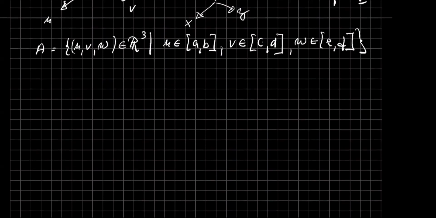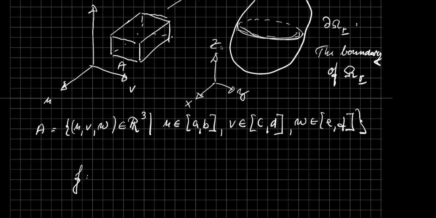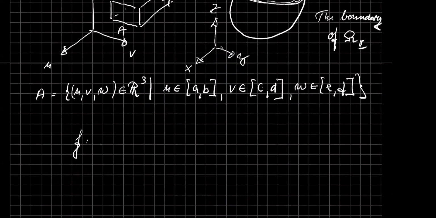Okay. If in addition we have a function which is defined on omega r, so it's a mapping, so to speak, of omega r onto the real numbers.